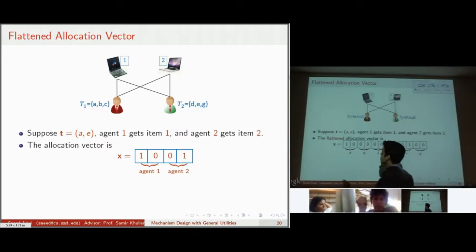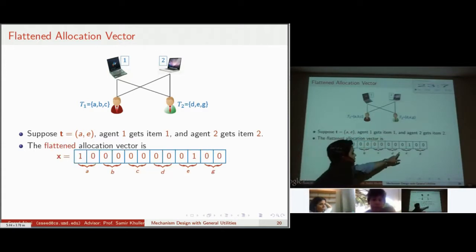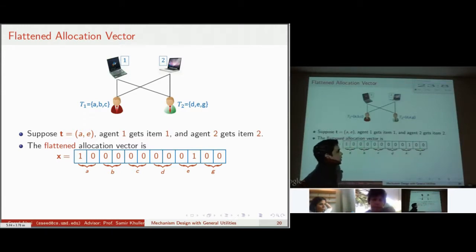For example, if the type profile is A and E, and agent 1 gets item 1, then for the entry corresponding to type A, I put 1 because agent 1 of type A is getting item 1, and type E of agent 2 is getting item 2. So there is a 1 here. That specifies the allocation.